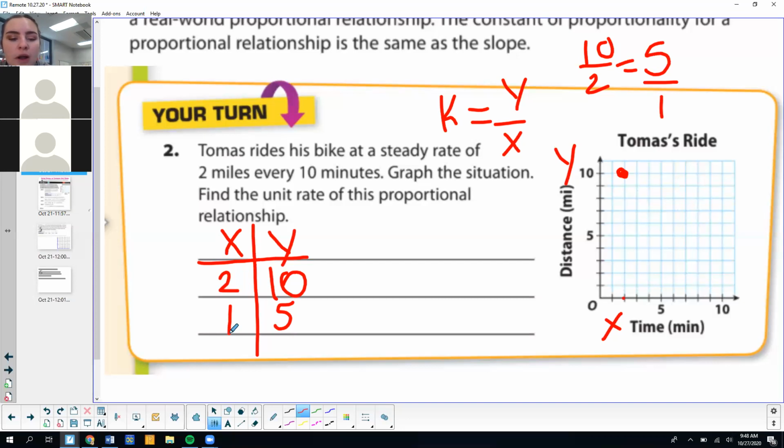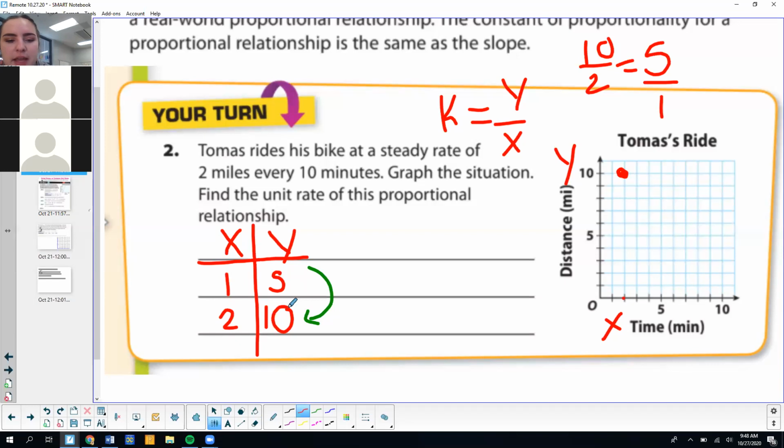So meaning y should be jumping, and it'll be easier if I switch these. I'm not doing any math, I'm just switching them. So I'm going to put 1, 5 up here, and then 2, 10 down here.